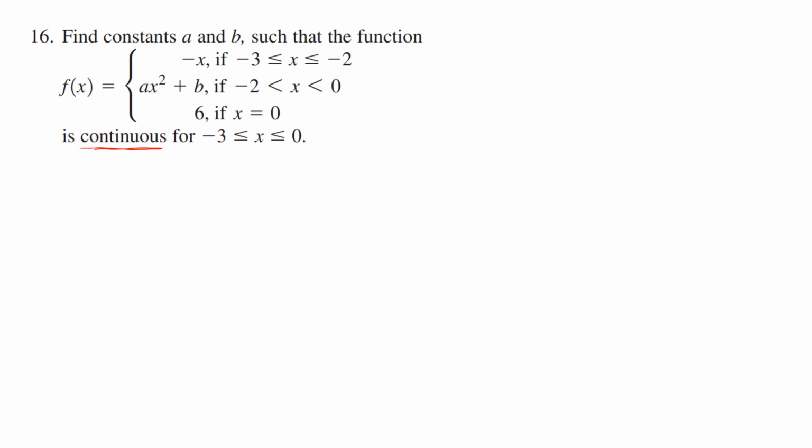So when we think of this piecewise function given in a graph, here is my -3, here would be my -2, and then my 0 is over here. Whatever x is, it's between -3 and -2. I'm not going to draw it, but here is my -x, and then -2 to 0, not including those.